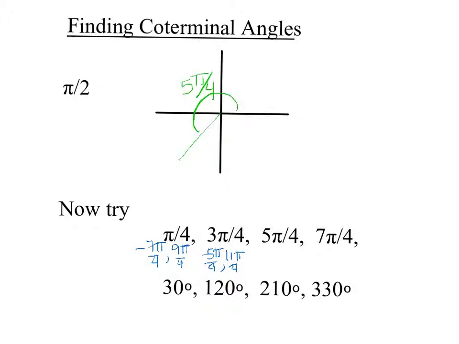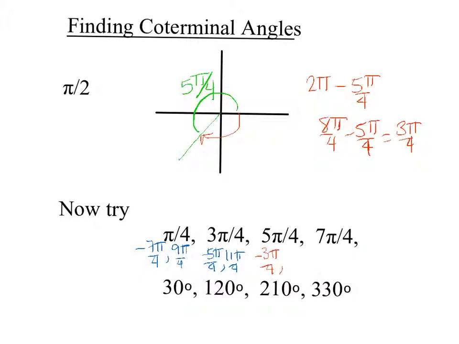So if I want to figure out the negative version, I'm going to go here and go in the negative direction. Remember I'm filling in the rest of the circle, so I have the 2 pi take away 5 pi over 4. That's going to give me what's left. So I have 8 pi over 4 minus 5 pi over 4 gives me 3 pi over 4. But I'm looking at that as being negative, so I've got negative 3 pi over 4.